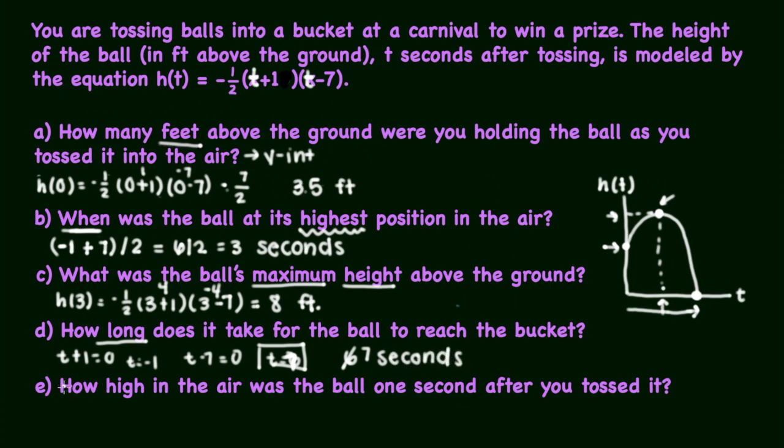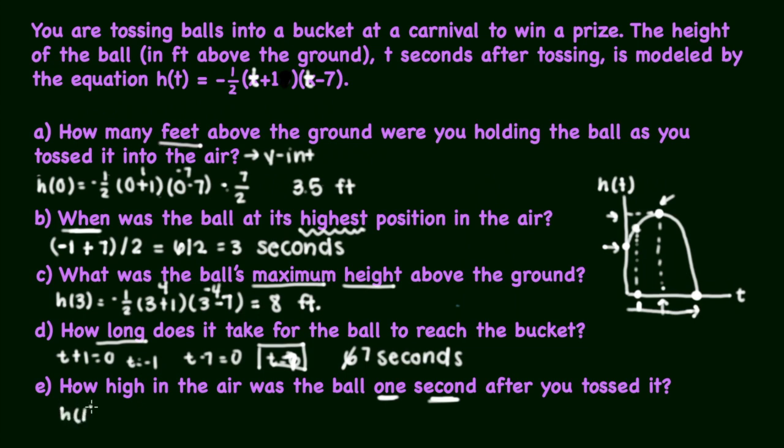Now the last question is, how high in the air was the ball 1 second after you tossed it? So that's simply asking us at 1, at what height was the ball at 1 second? So we can simply plug in this 1 second, that's the x value, into the equation to get our y value.